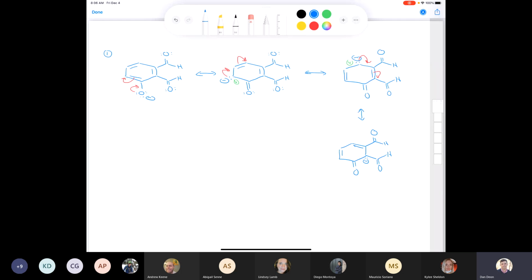And then there's one more resonance structure that we can draw. We're going to move this pair of electrons over here and put it down on this oxygen. And there we go.